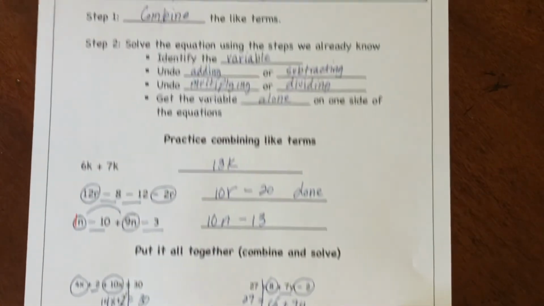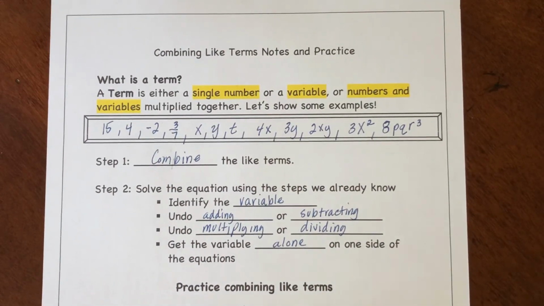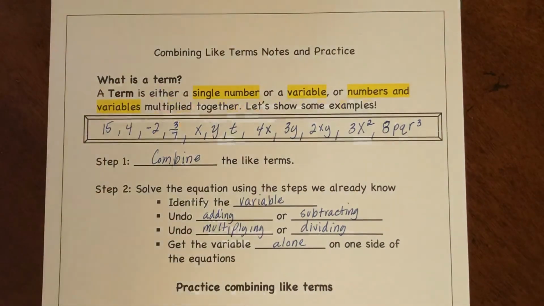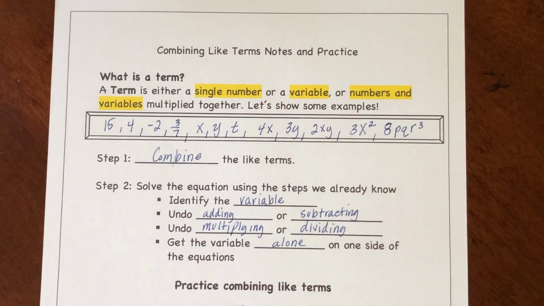So we've completed our notes for combining like terms, and we're going to be working on multi-step equations this week and next week, because it's really good information to have as we move into the next grade level.